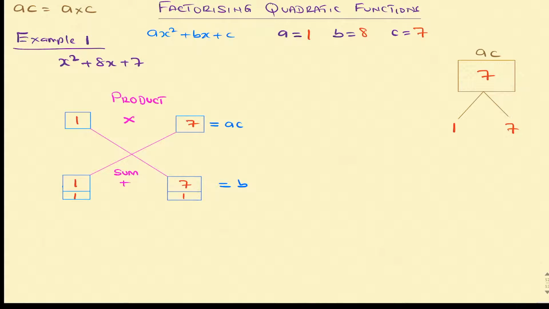Now to finish our factors, in the bottom boxes, the top, the numerator is the constant and the bottom is the x. So the bottom here gives us 1x and the top gives us plus 1 constant.